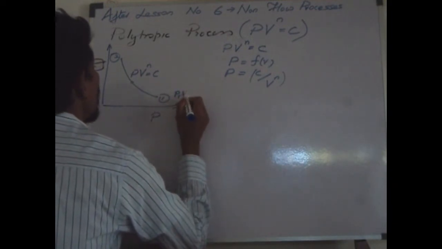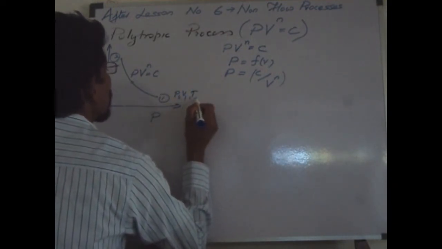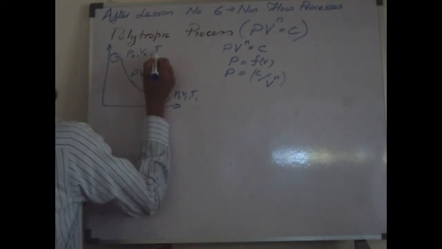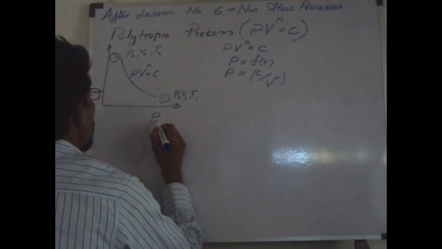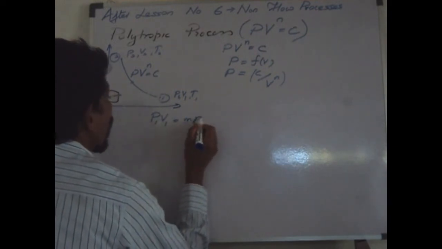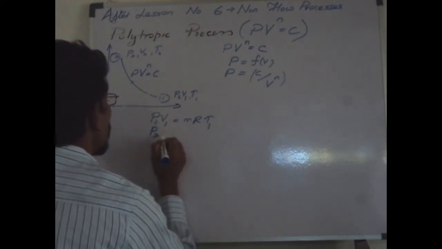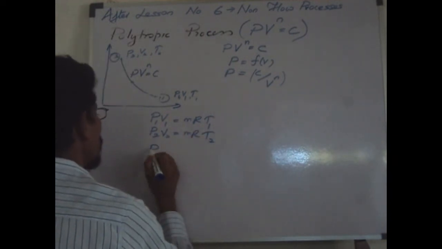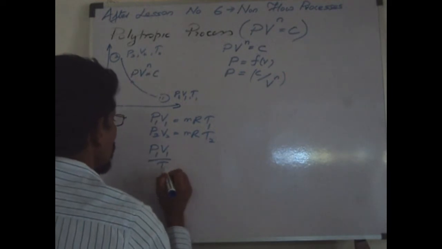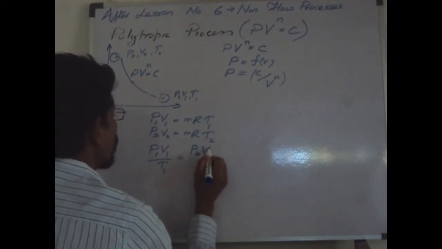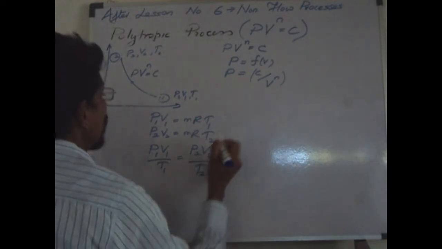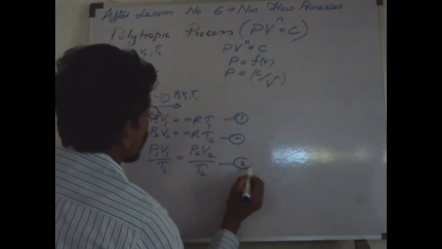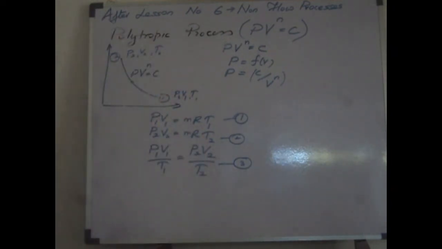Here P1, V1, T1, and here P2, V2, T2. Then you can apply P1 V1 equals m R T1, P2 V2 equals m R T2, and the state equation P1 V1 over T1 is equal to P2 V2 over T2. All these three are very important, especially this third equation for the polytropic process.